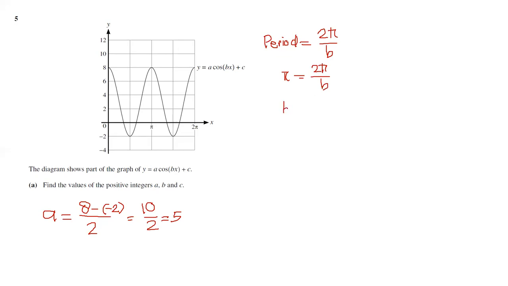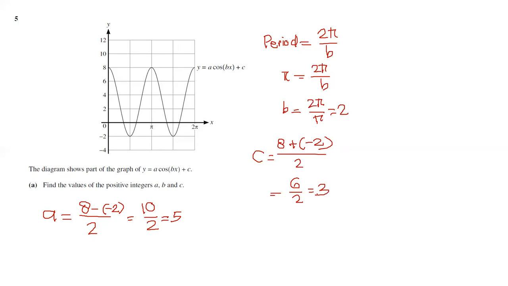So b equals 2 pi over pi, or 2. And c equals the maximum plus the minimum, 8 plus negative 2, divided by 2, equals 6 divided by 2, equals 3.